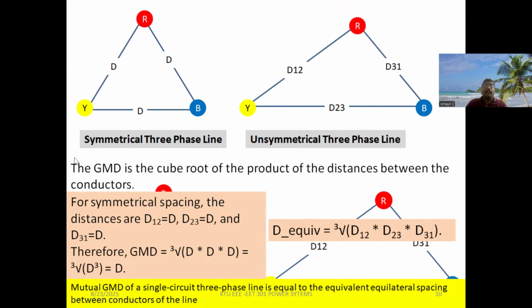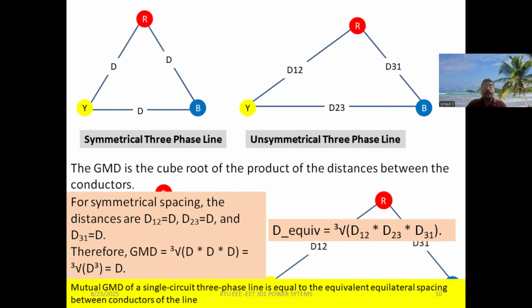For the symmetrical three-phase line or the unsymmetrical three-phase line, the formula is the same. It is the cube root of the product of the distances between the conductors. In the first case, as I mentioned earlier, the distances are D12 equal to, let it be D, D23 is again D, and D31 is also D. That means they are placed at equal distances, at the corners of an equilateral triangle.